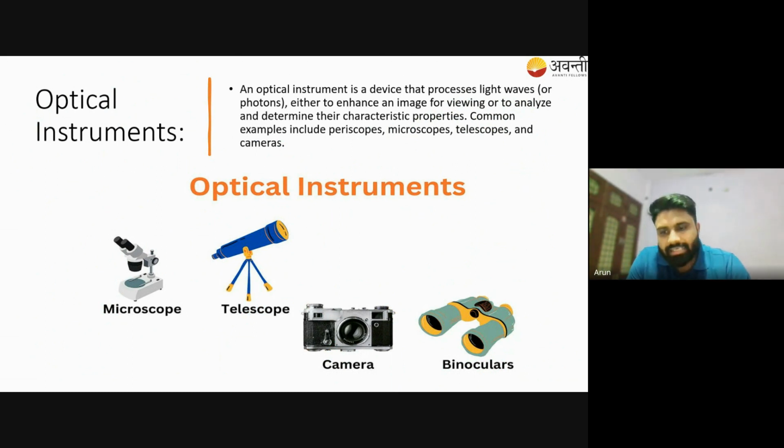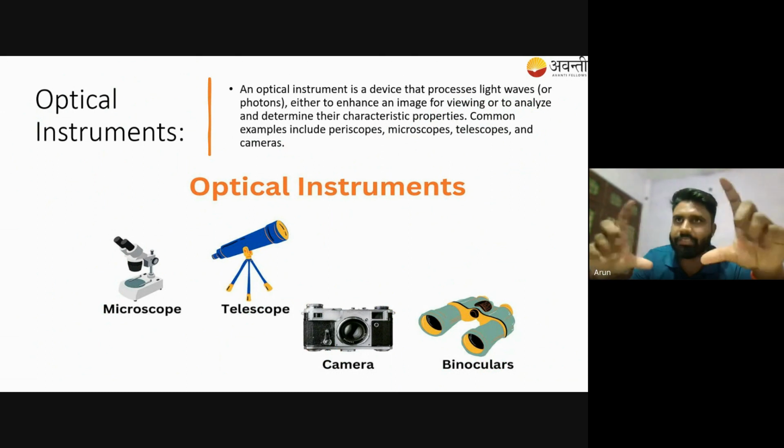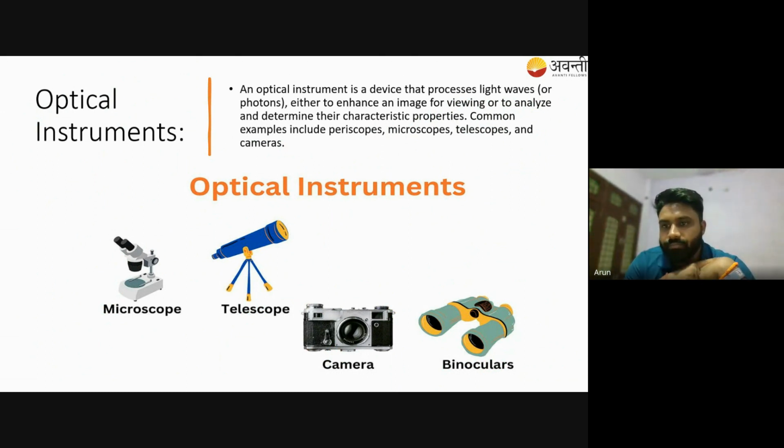But not every single optical instrument is used for magnification. Some optical devices are also used for capturing photos, capturing images, and some optical devices are used for diminishing the image.